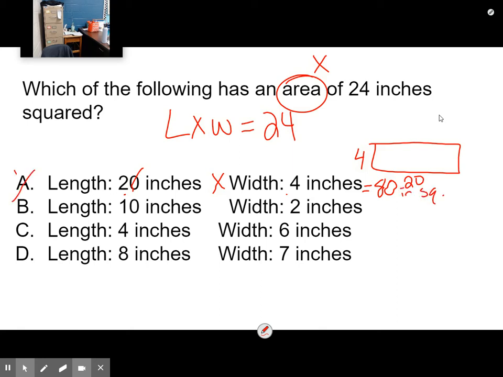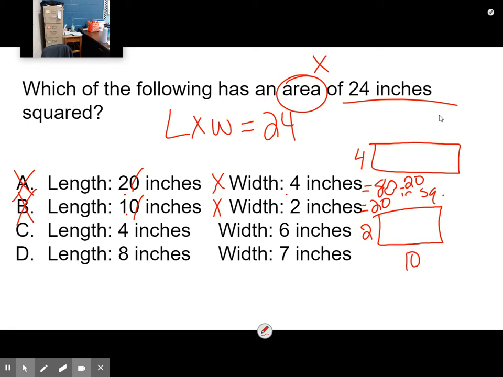Okay, that's not going to be 24, my target. Let's try B. B is a 10 by 2. Okay, well, if I multiply 10 times 2, I'm going to get 20, because 1 times 2 is 2, and I tack on a 0. That's close to 24, but it's not quite there.